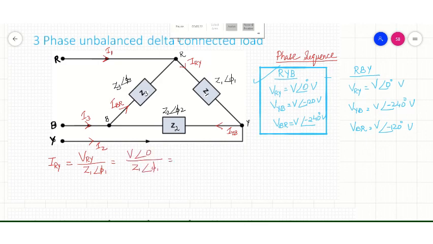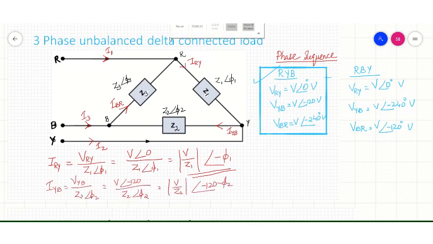So the magnitude of this current will be V divided by Z1, and the phase angle of this current is 0 minus phi 1. So this will be IRY. Then we have to consider IYB and IBR also.